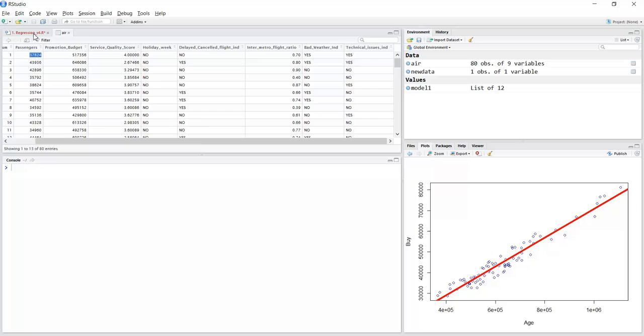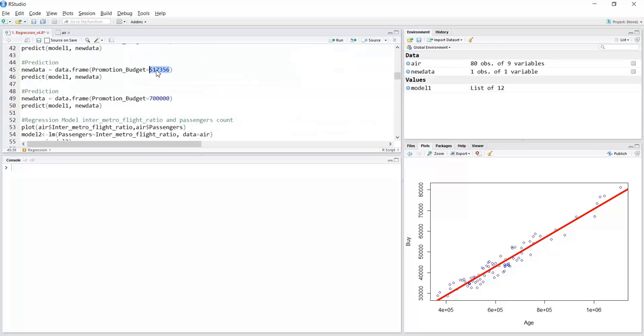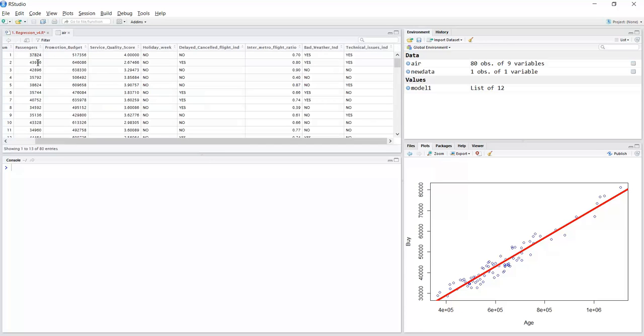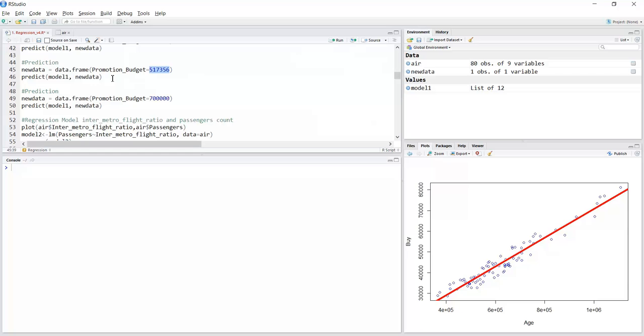What if I substitute 517,356? If my regression line is really good, I should be getting the estimated number of passengers as 37,824, because my regression line is the best fit for our data. If I am fitting this value of x, the estimated value of y should be this. So let us find the estimated value of y given the promotional budget is 517,356.